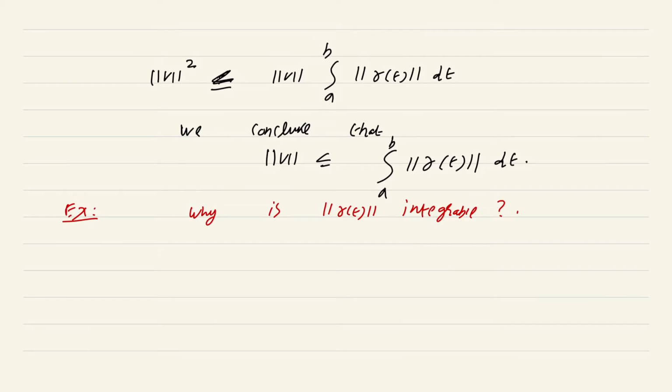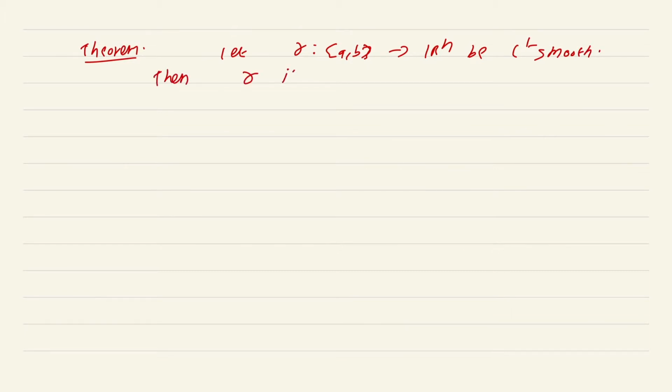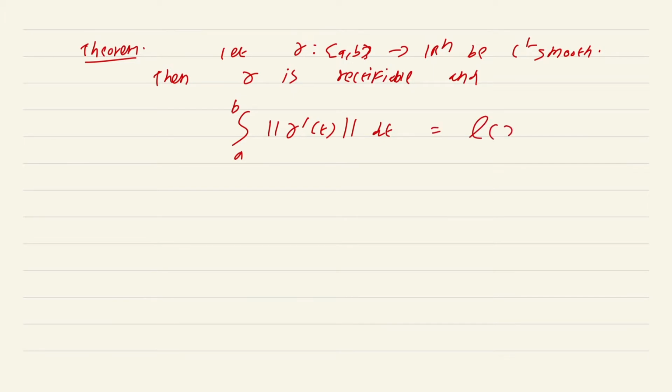Now we can finally prove that C1 smooth curves are indeed rectifiable. So let me state and prove the theorem. Let gamma from [a,b] to R^n be C1 smooth. Then gamma is rectifiable, and the integral from a to b of norm gamma prime of t dt is the length of gamma.